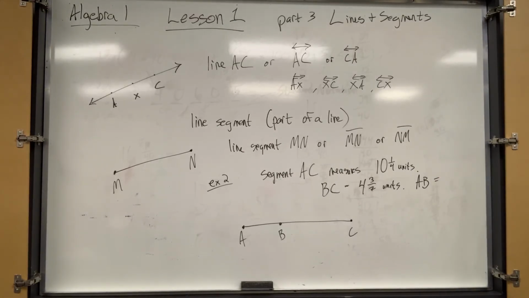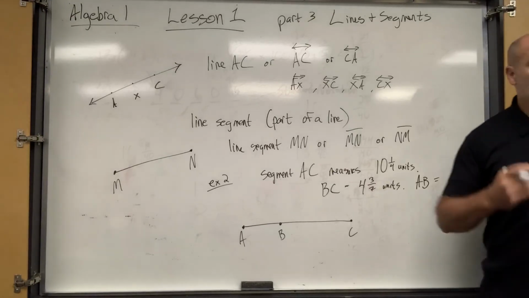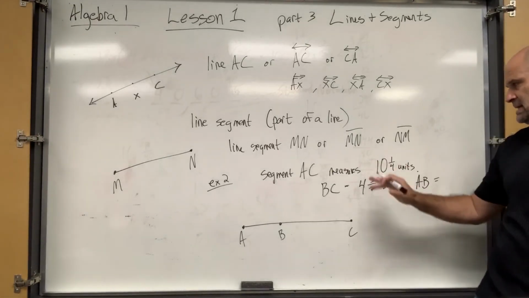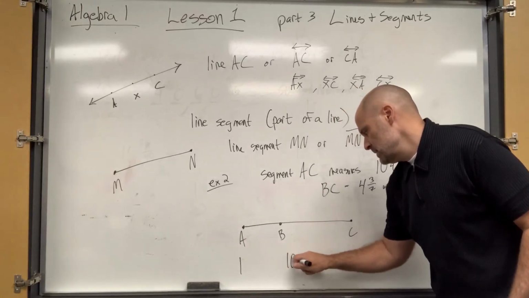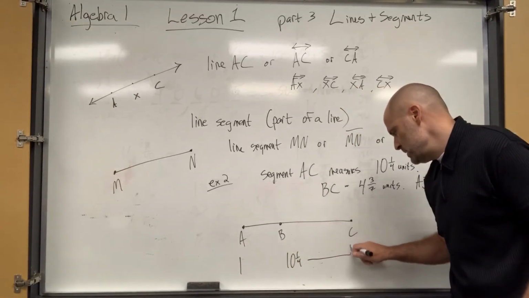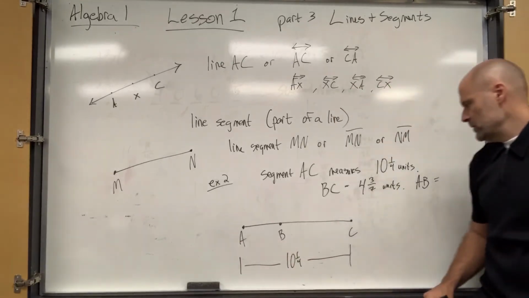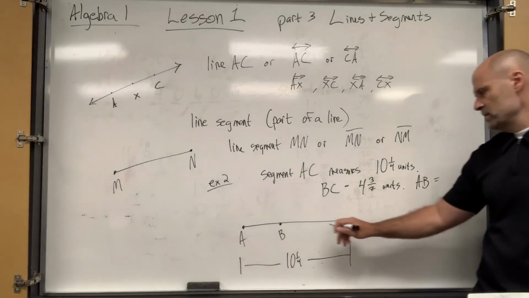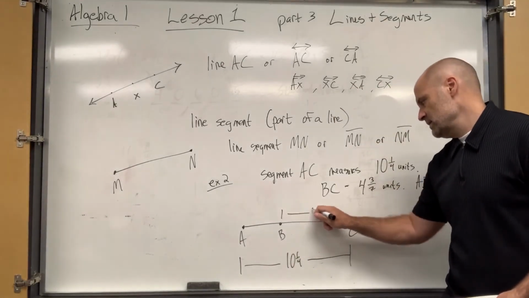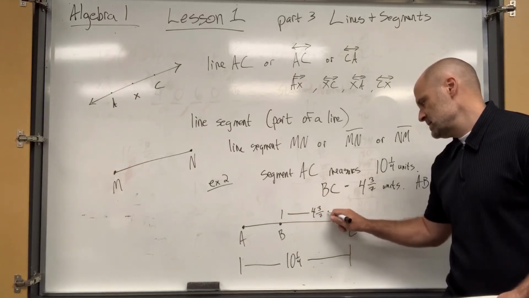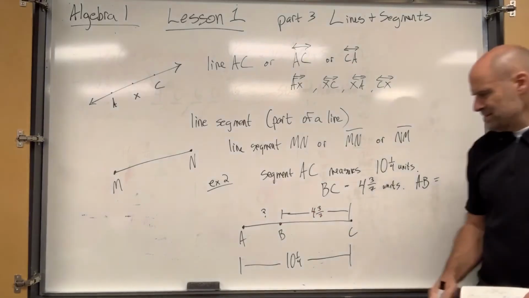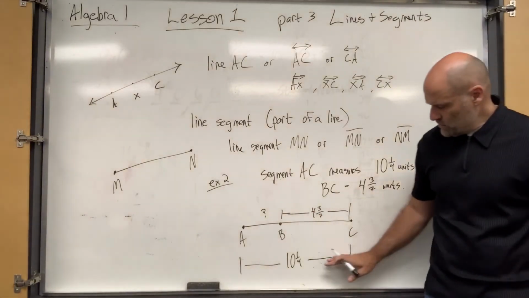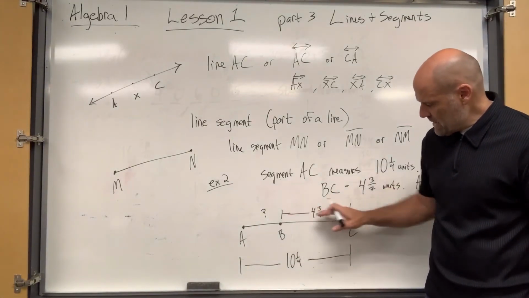Good. It helps me visually to say, okay, AC is 10 1/4 units, so I'm going to put 10 1/4 from here to here. Then BC is 4 3/7, so here is like 4 3/7. Then we want to figure out what this is. Oh, I see. So we just want to take this thing and cut off that much.